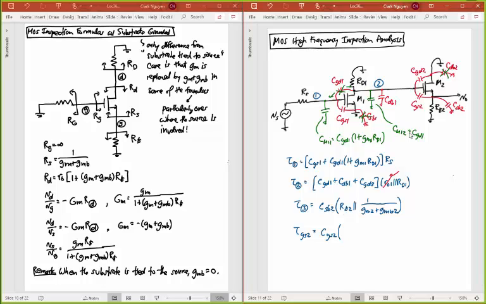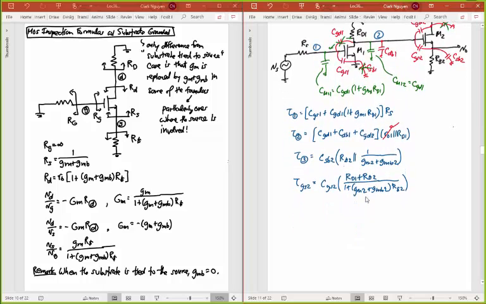That's an S. Okay, and so these two resistors, RS2 and RD1, they still are there. So I have RD1 and RS2, resistors hanging off of the gate and the source now, divided by now this 1 plus GM2 plus GMB of 2 times RS of 2. Okay, and that now becomes Tau GS2.